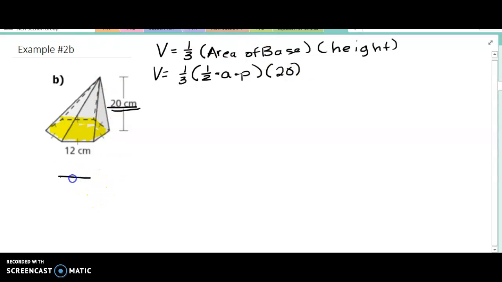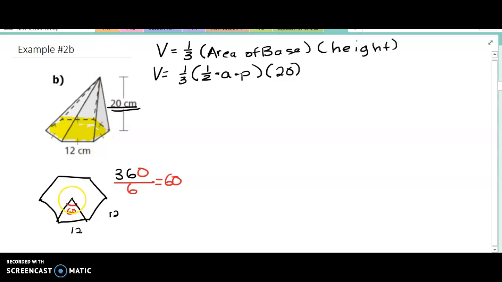So I'm going to go ahead and draw this hexagon. Okay, this is 12, all the way around is 12, right? And so if I draw this central angle here, I can find the measure of the central angle by taking 360 divided by 6, because there's 6 central angles, which gives me 60 degrees.